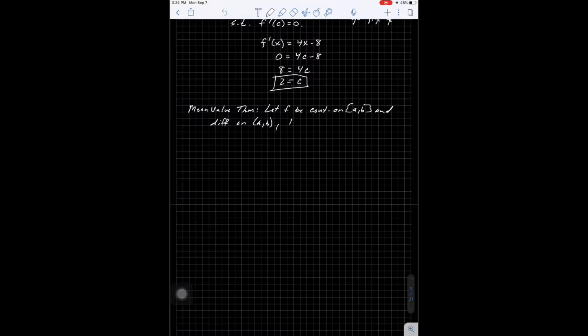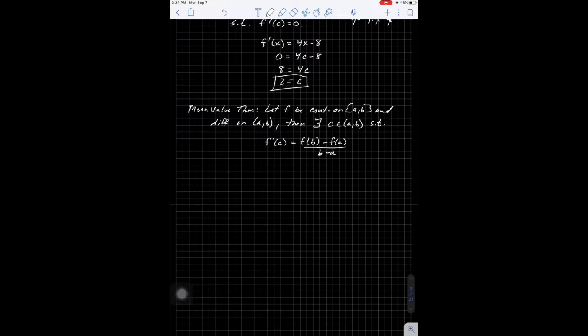Okay. Then there exists a c value in the interval a to b such that f prime of c equals f of b minus f of a all over b minus a.